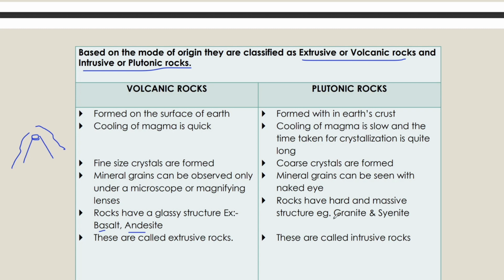Volcanic rocks are also called extrusive rocks because they are formed outside, mainly on the upper region of the earth crust. The plutonic rocks are called intrusive rocks because they are formed within the earth crust. Then, based on the relative amount of acid and basic components, they are classified into two types.